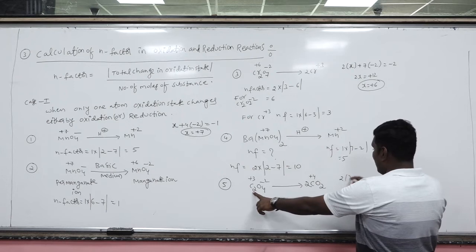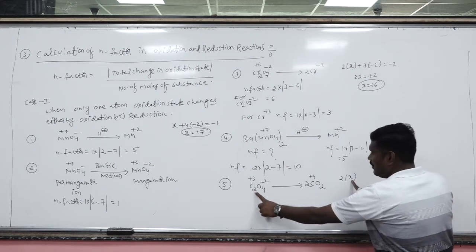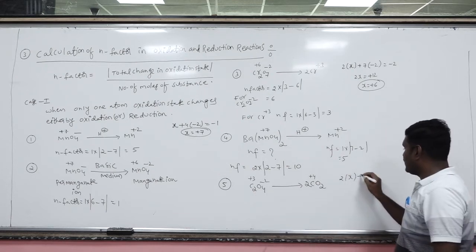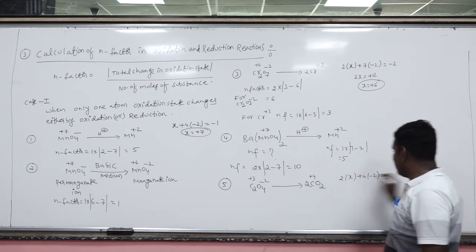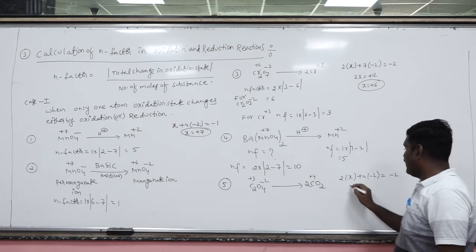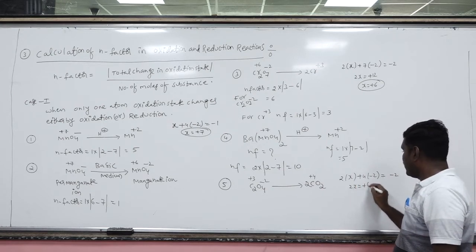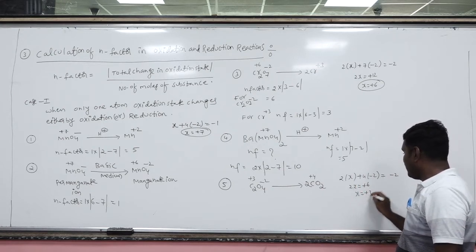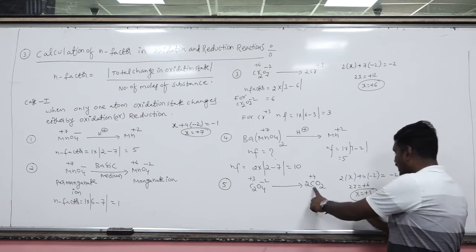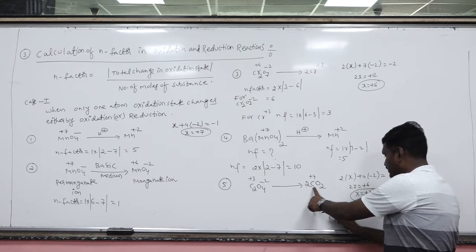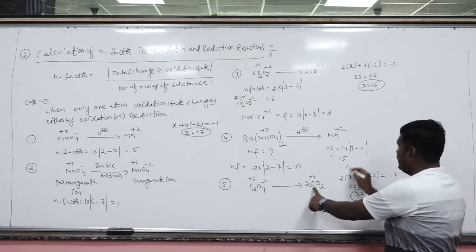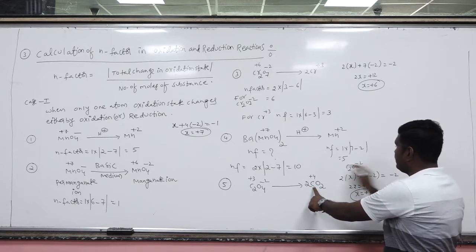Let's suppose carbon oxidation state is x. How many carbons are there? 2x plus 4 times each oxygen at -2 equals the net charge -2. Are you getting my point? 2x is equal to 6, so x is equal to +3. This is C2O4 2-.